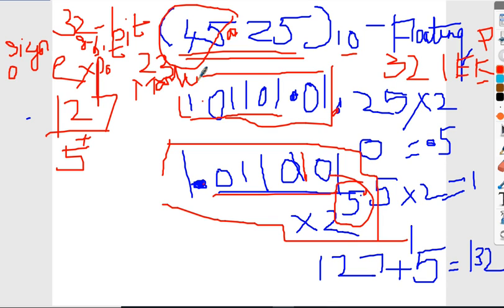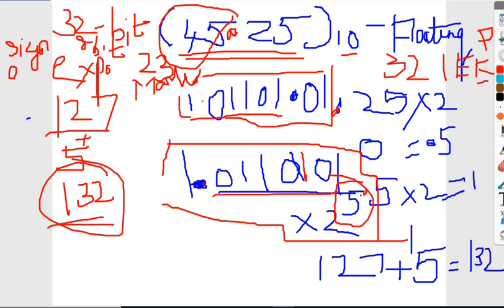This is your mantissa. So 127 plus 5, this is 132. This binary equivalent of this in 8 bits you have to represent, and for the mantissa you write these bits: 0 1 1 0 1 0 1.